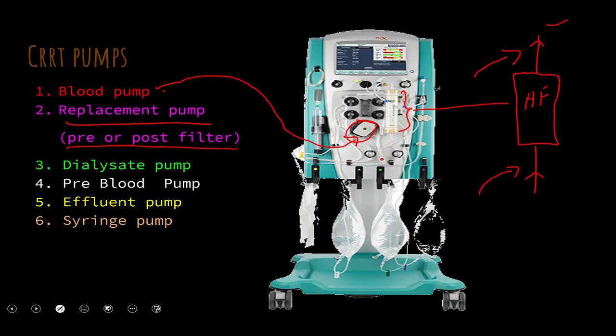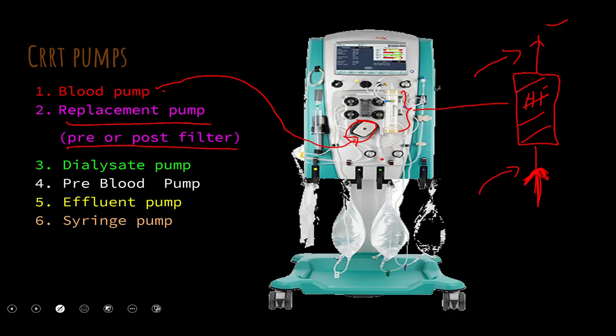If we wait to replace fluids until after the blood passes through the hemofilter, then the blood going inside the hemofilter is going to be more concentrated. Therefore, it tends to clot more as it goes into the hemofilter, and that reduces the lifespan of the hemofilter.